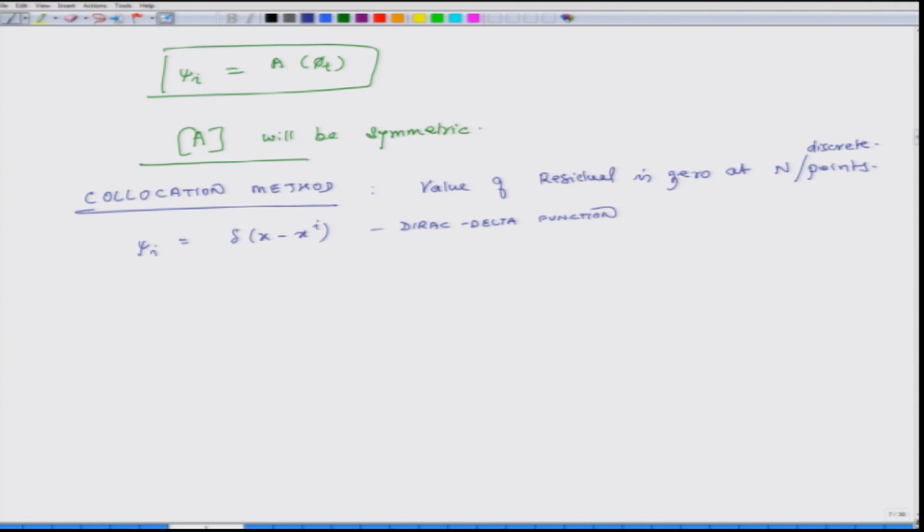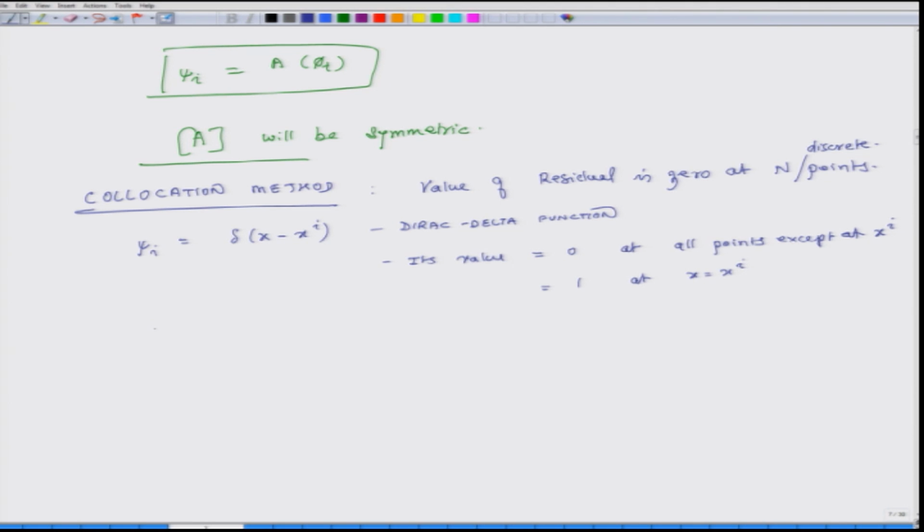Its value is equal to 0 at all points except at location x I. It is not x to the power of I, it is just a way to designate it, okay. And its value is 1 at x equal to x I.